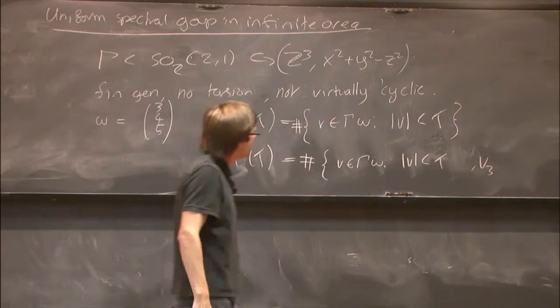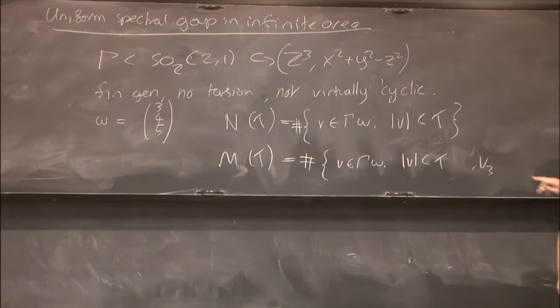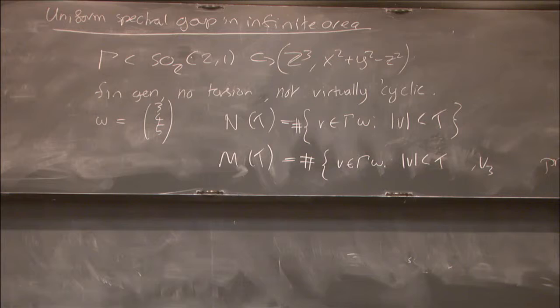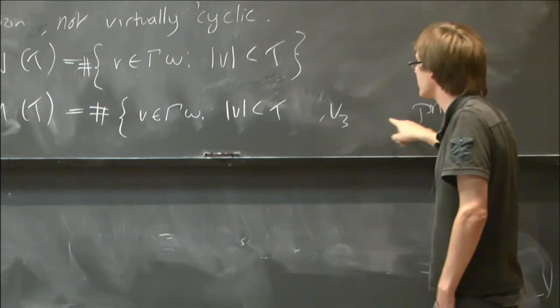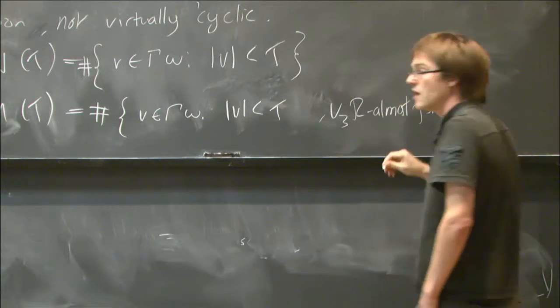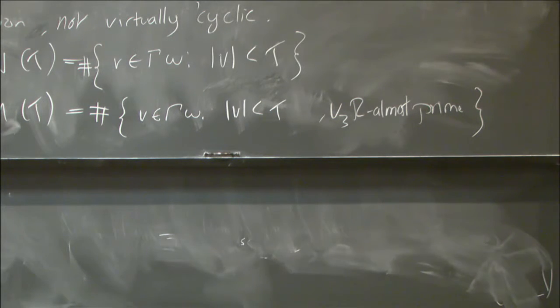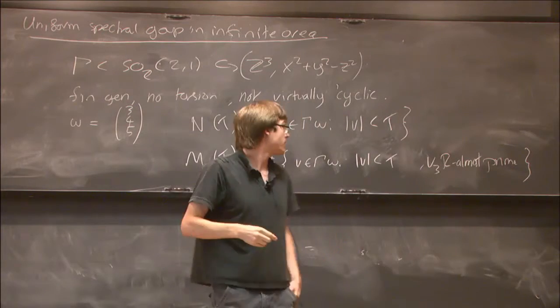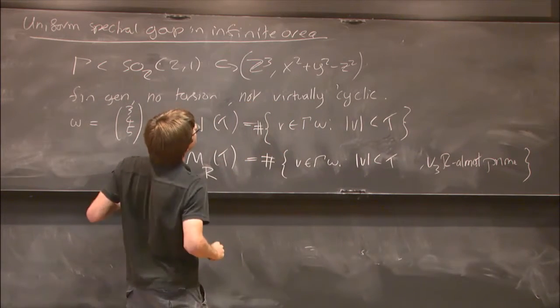So if I'm really optimistic, I might like to ask this to be prime. And this is perhaps naive, which is to say I have no idea how to do this. But maybe a weaker question would be to ask this to be almost prime, which is to say it doesn't have too many prime factors. When I write out its prime factorization, I only have r primes. So I'll call this N_r(T).